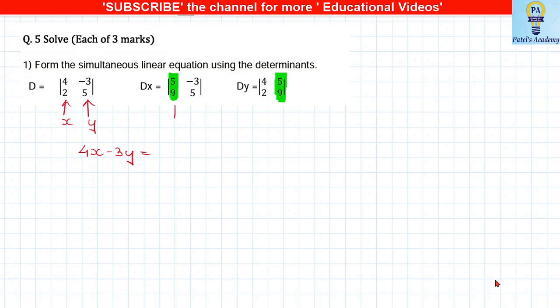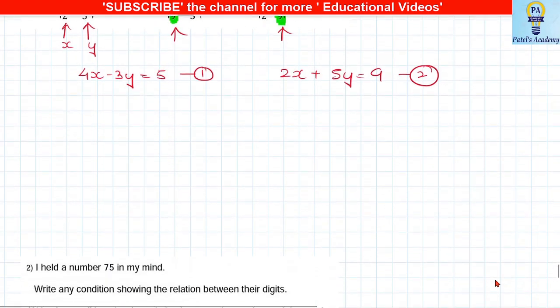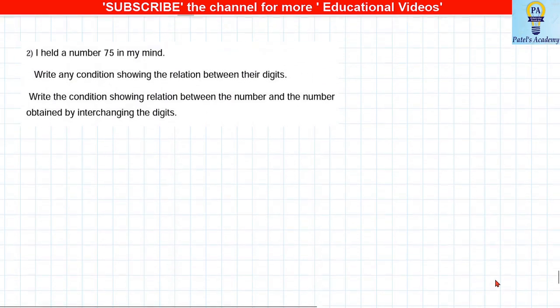You can consider dx also or dy also. So we get 4x minus 3y equals to 5, the first one, and then we get 2x plus 5y equals to 9. Here, students, we are not supposed to solve the equations, so the sum is still here only. Fine, that was easy.